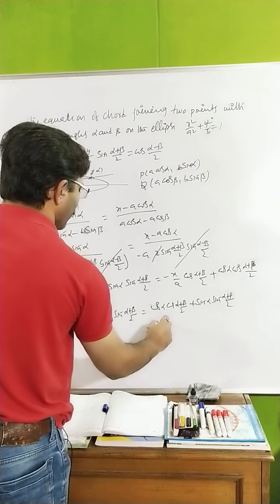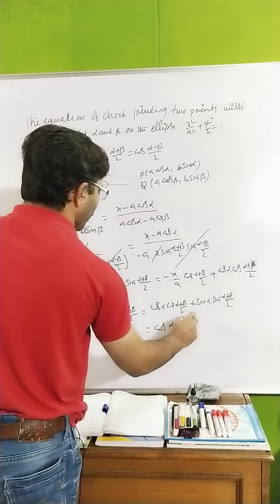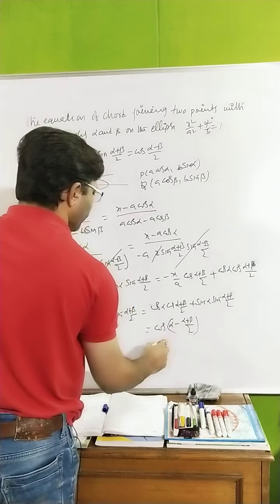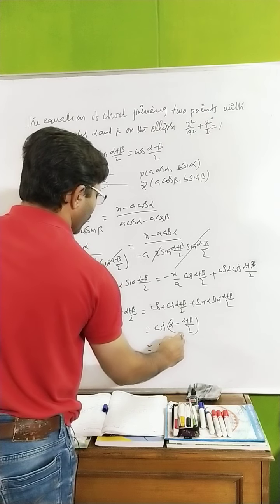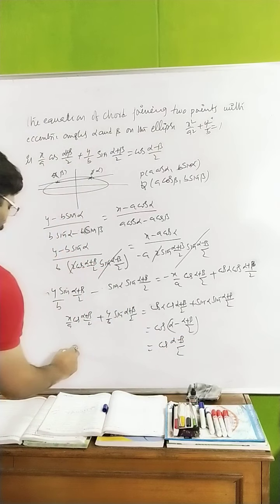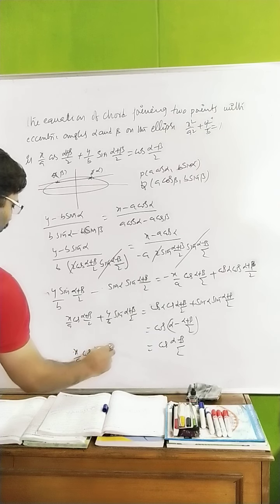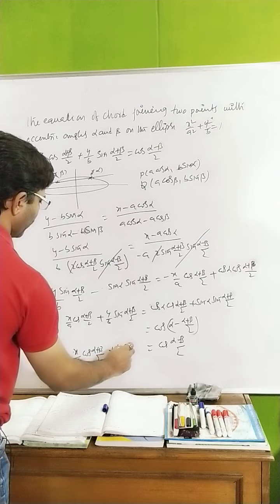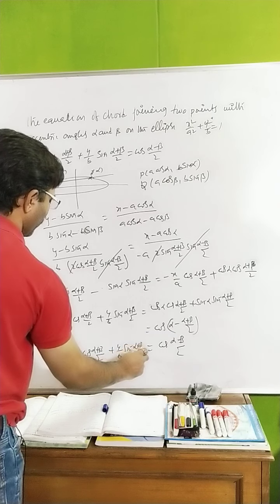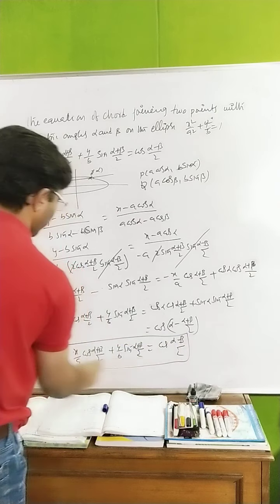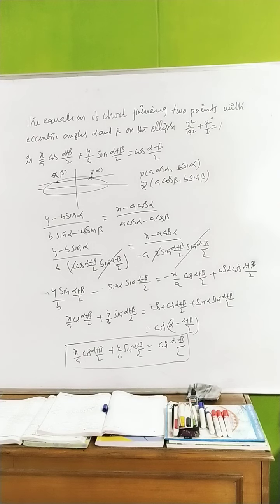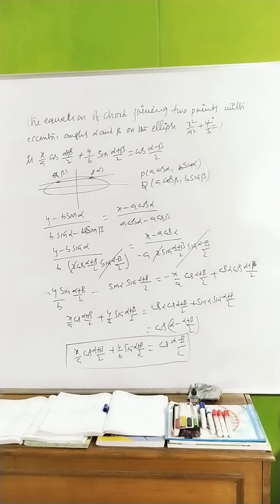That can be written as cos of alpha minus alpha plus beta by 2. This is nothing but cos alpha minus beta by 2. Finally, x by a cos alpha plus beta by 2 plus y by b sin alpha plus beta by 2 equals cos alpha minus beta by 2. You got it. Okay, finally we got it like this.